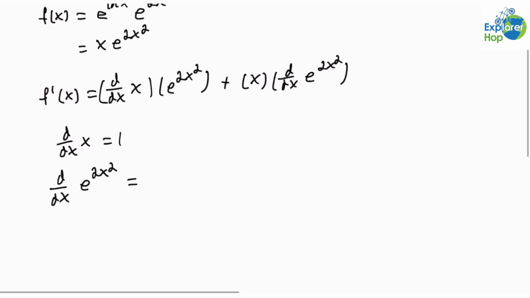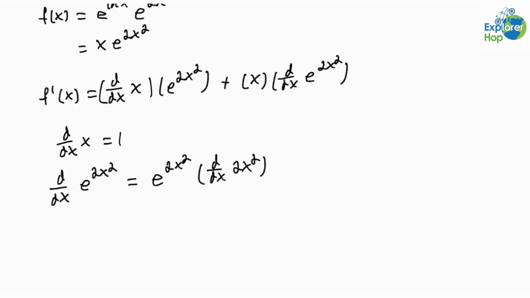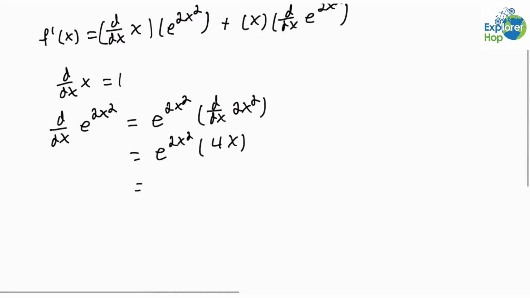So that's just e to the power of 2x squared times the derivative of the inside function, 2x squared, with respect to x, and this is equal to e to the 2x squared times 4x using the power rule. So this can be written as 4x times e to the 2x squared.